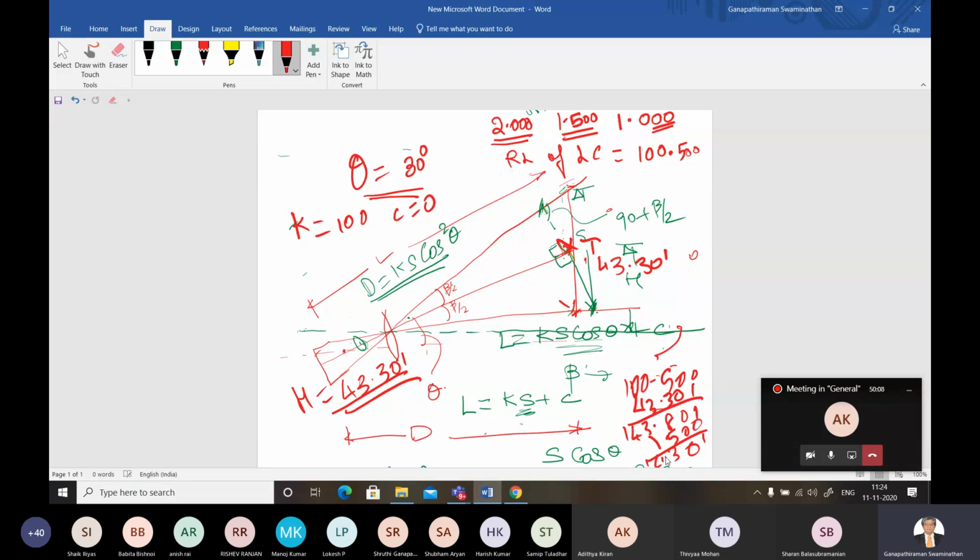So the RL of this point is 142.301. You get the point? So you have got RL of this plus height of the center of that, minus 1.5. This level line and this point do not coincide. You get that?